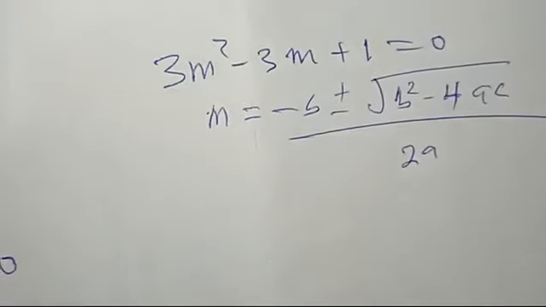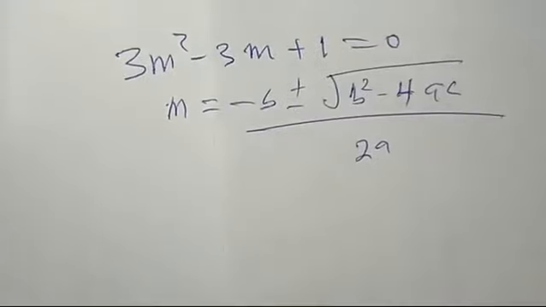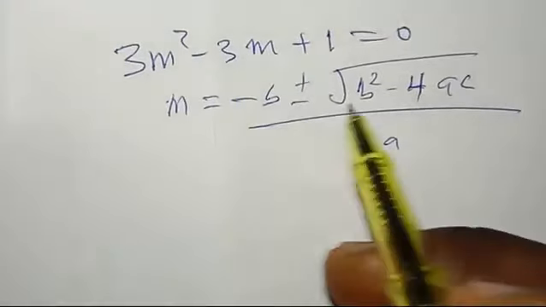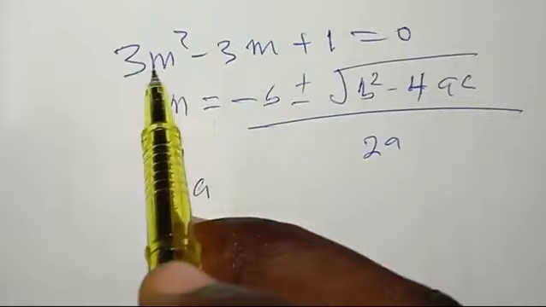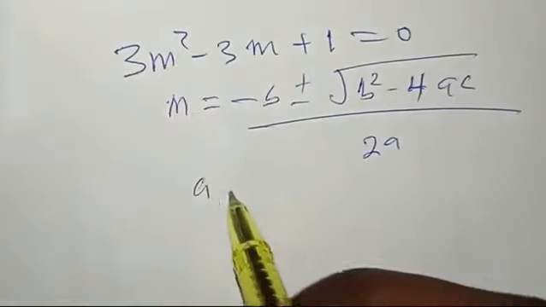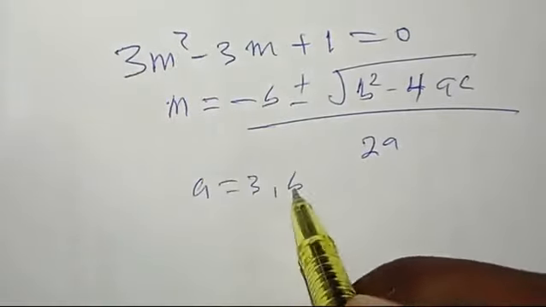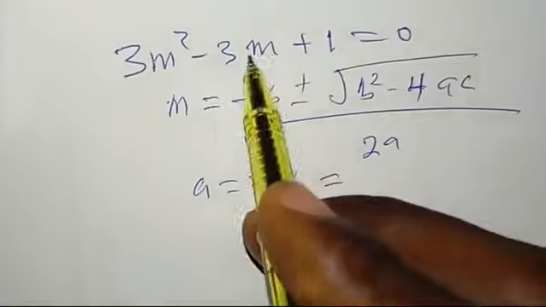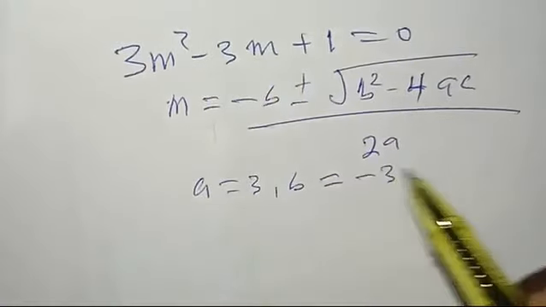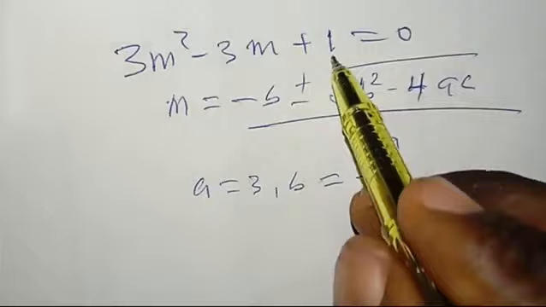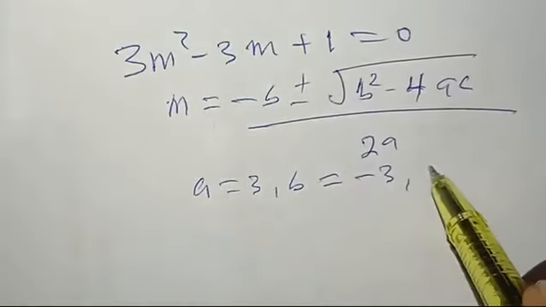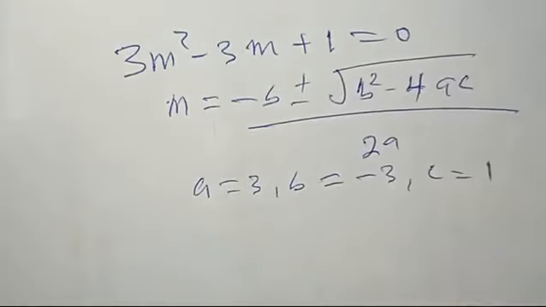Okay, so we're just going to find out the parameters. So in this case, our a is equal to the coefficient of m squared, which is equal to 3, and our b is the coefficient of m, which is minus 3, and then our c is equal to the constant here, which is equal to 1.